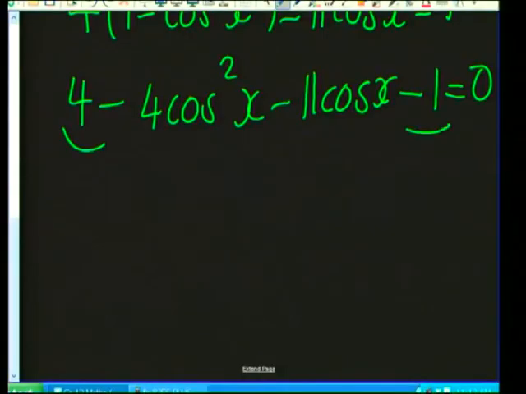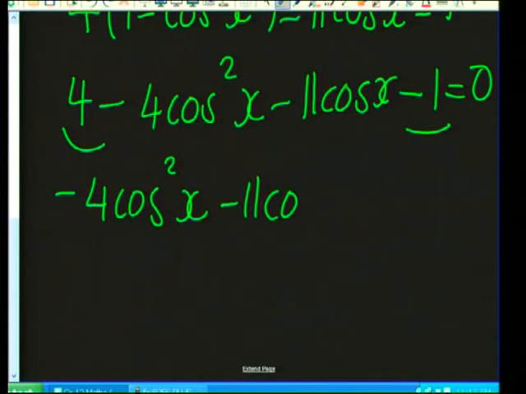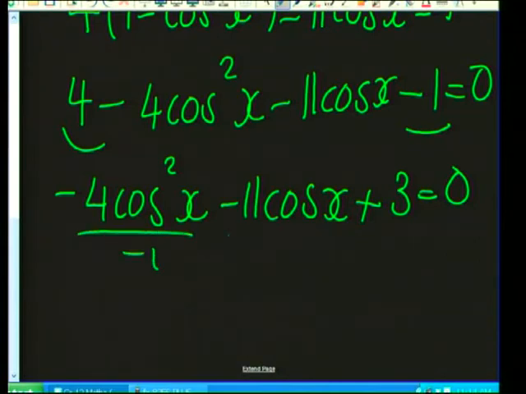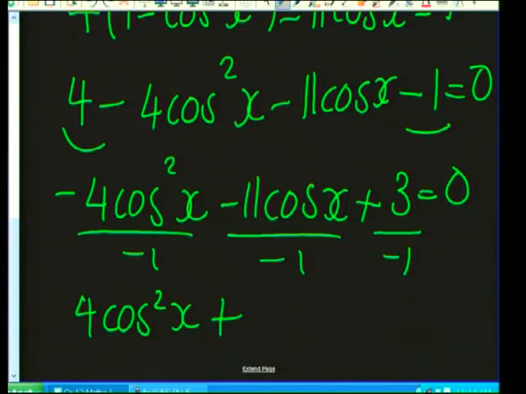These two are like terms. So then you have negative 4 cos squared x minus 11 cos x plus 3. So can you see, guys, I already wrote it in standard form. Now we don't like this negative, so we can divide through by negative. And we get 4 cos squared x plus 11 cos x minus 3 equal to 0.